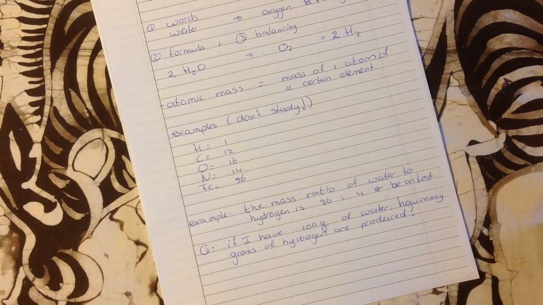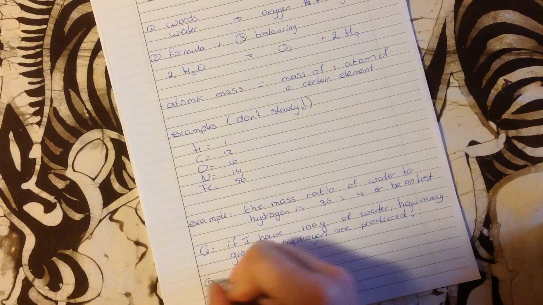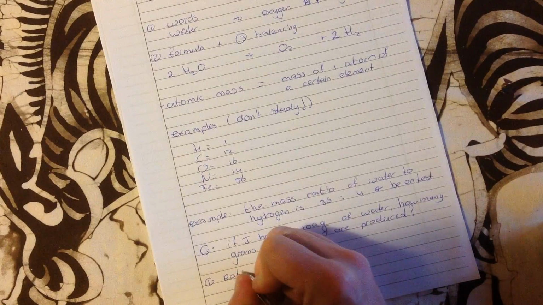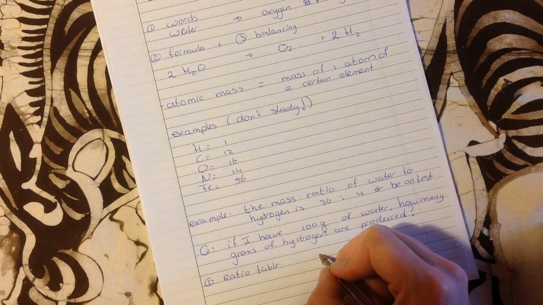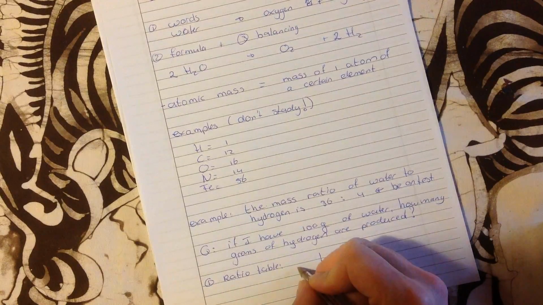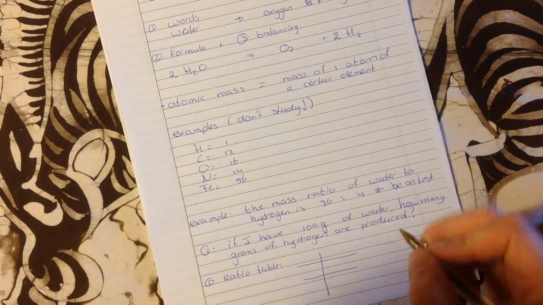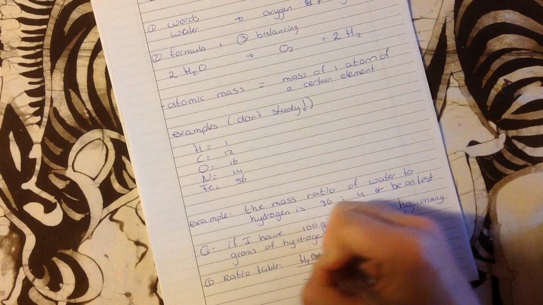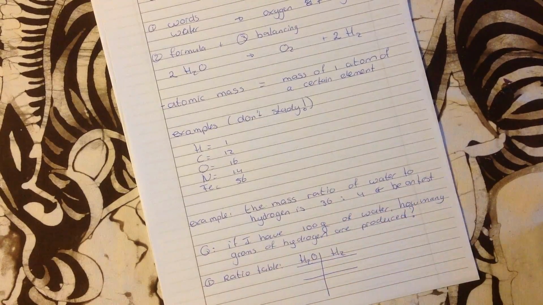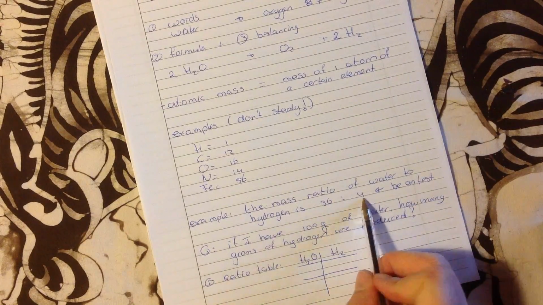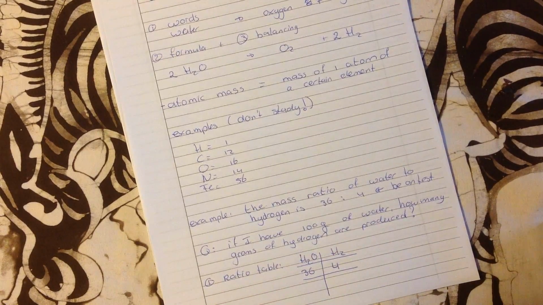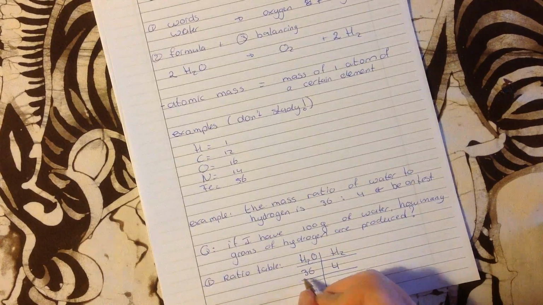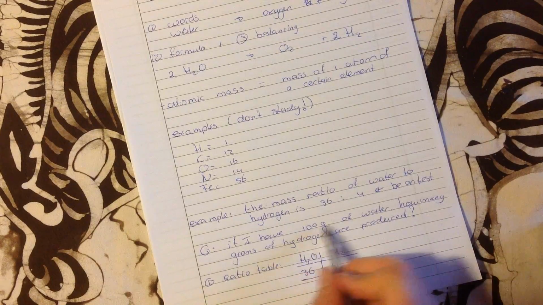To do this, you need a ratio table again. H2O, H2. We know the ratio is 36 stands to 4. And I know I have 100 grams of water.